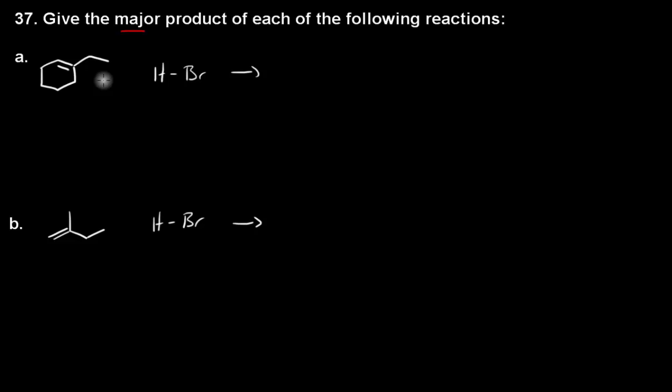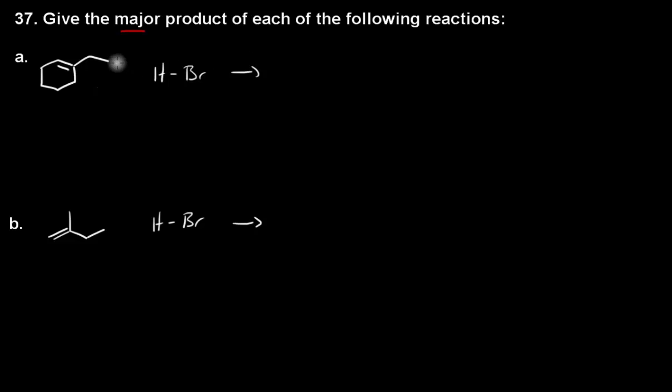Because sometimes just knowing Markovnikov isn't sufficient, because sometimes some funky things can happen with the intermediates that give you products that you wouldn't expect if you applied the generic Markovnikov rule. So it's always best for these problems to think about the mechanism, because they're really important for rearrangements that we'll talk about later on.